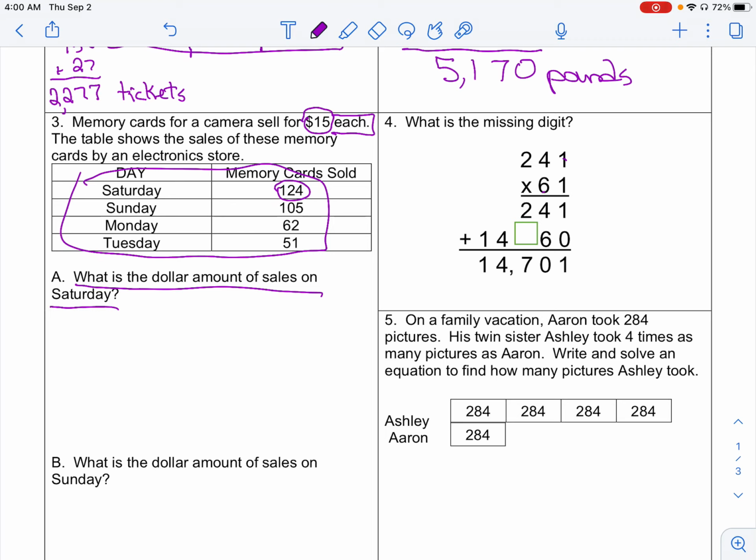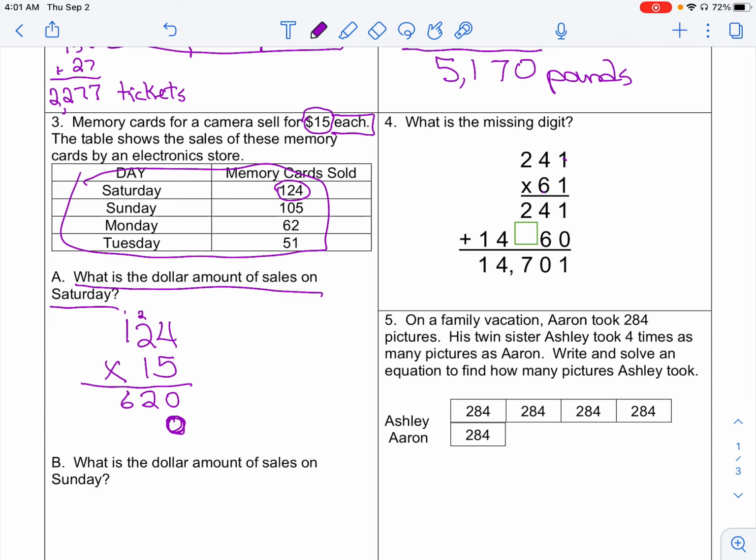So 124 times 15. 5 times 4 is 20. Regroup the 2. 5 times 2 is 10, 2 more makes 12. Carry the 1. And 5 times 1 is 5, 1 more makes 6. Don't forget, you've got a 0 here.